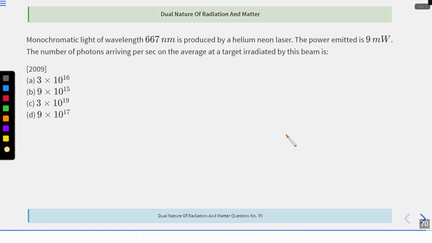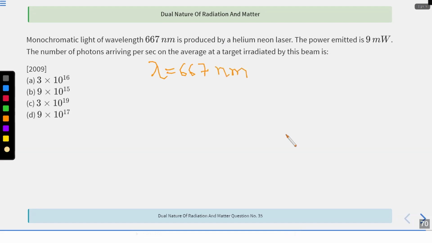Monochromatic light of wavelength 667 nanometer is produced by a helium neon laser. The power emitted is 9 milliwatt. The number of photons arriving per second on the average at a target irradiated by the beam is. So we have been given that lambda is equal to 667 nanometer, right?